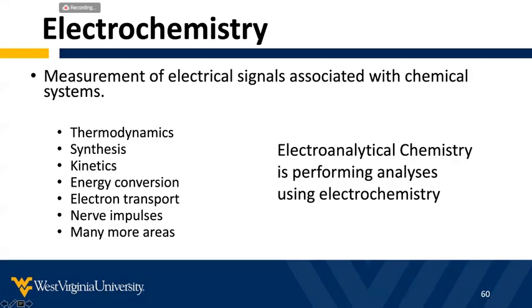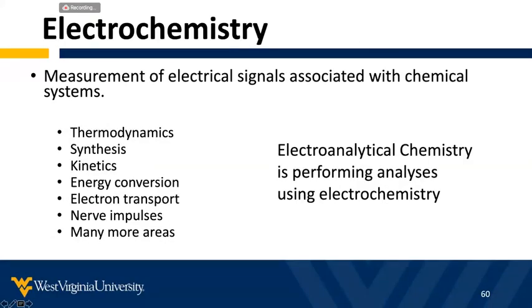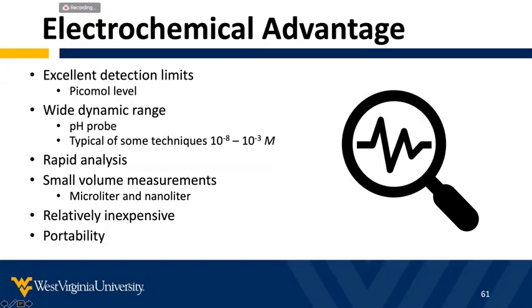In this slide, I'm presenting several relevant fields of study that have benefit for using electrochemistry to solve particular problems. Electrochemistry offers a variety of advantages, including excellent detection limits, a wide dynamic range, is very rapid, and requires very small amounts of sample, is relatively inexpensive, and we're going to see later the portability feature.